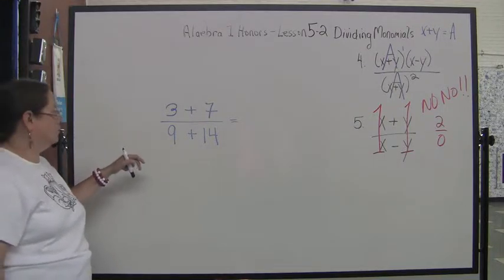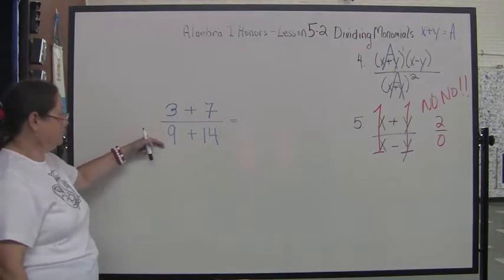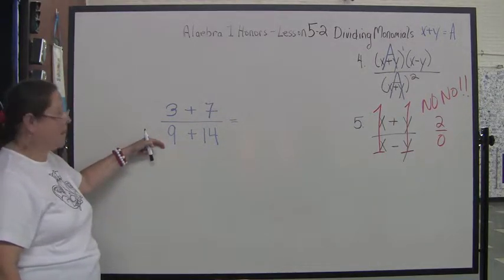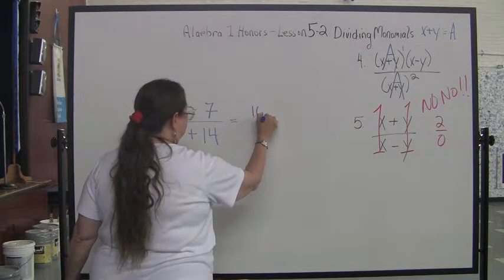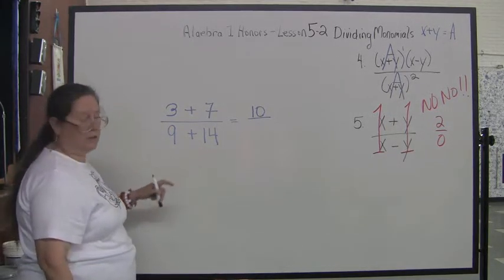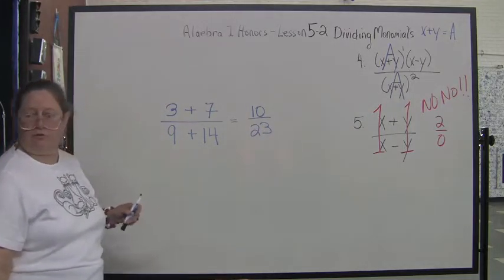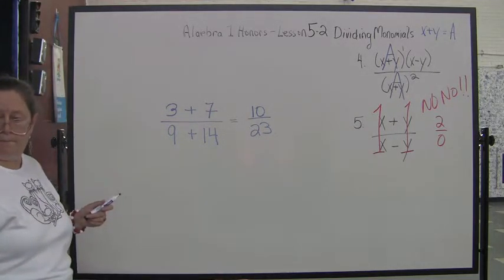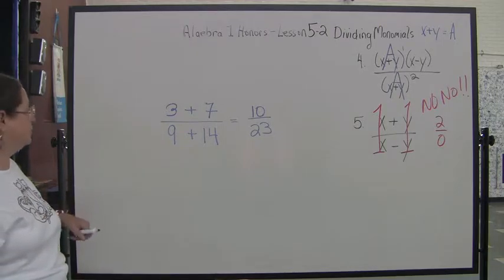We have to do the top here first, and then we can divide by what we get on the bottom. So 3 plus 7 gives us 10. And then 9 plus 14 gives us 23. And we can't reduce that because 23 is prime. It doesn't have any factors except 1 and 23.